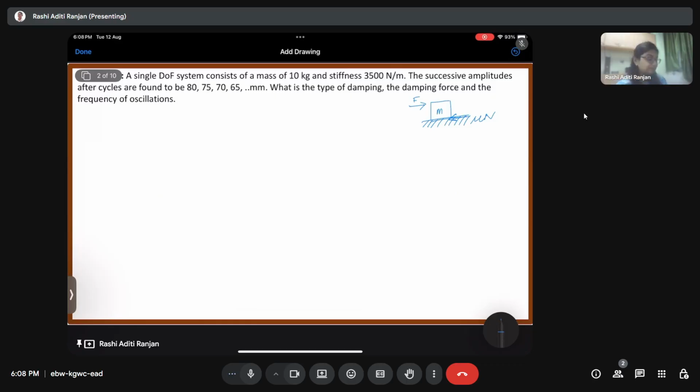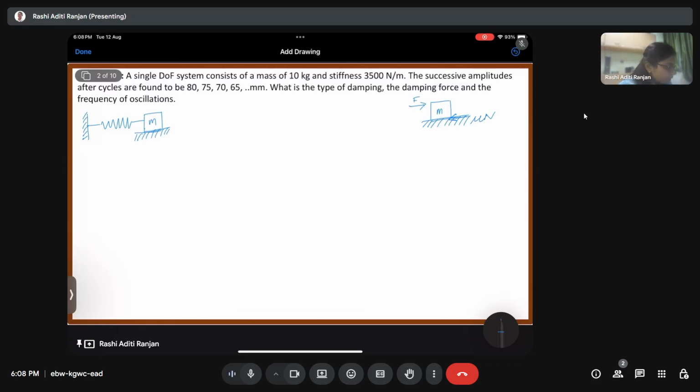Okay, so now, firstly, we'll try to analyze how the system is. So it is a spring, then there is a mass, okay, like this, and then here is friction.